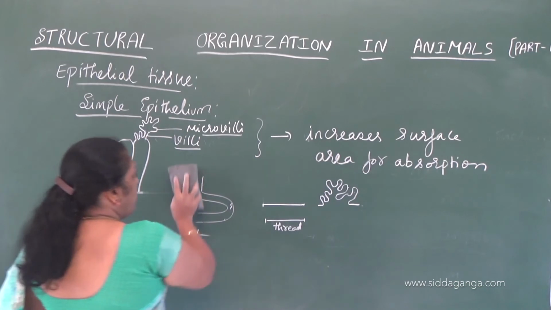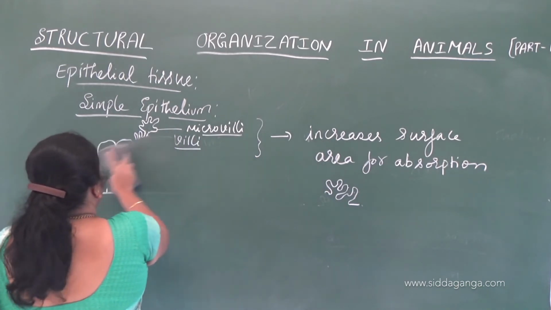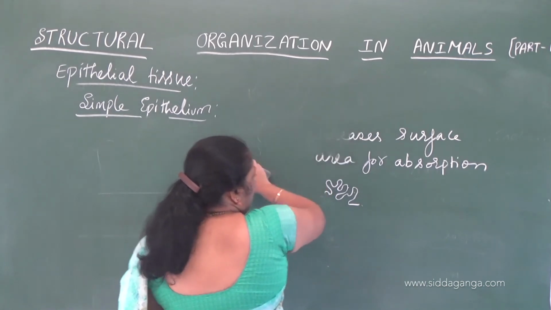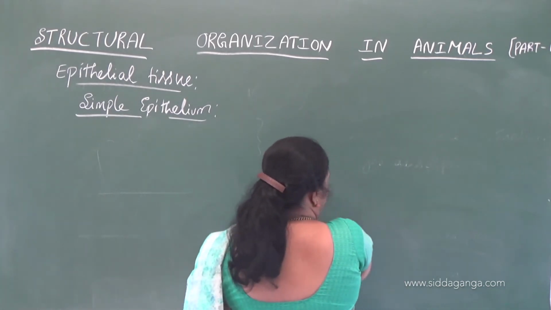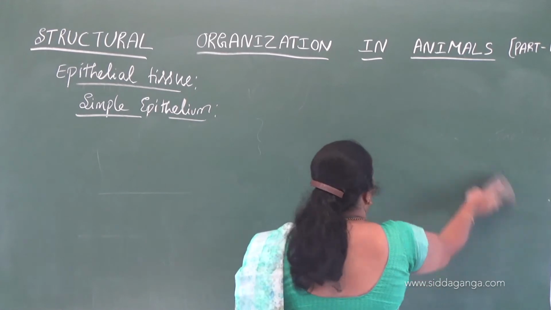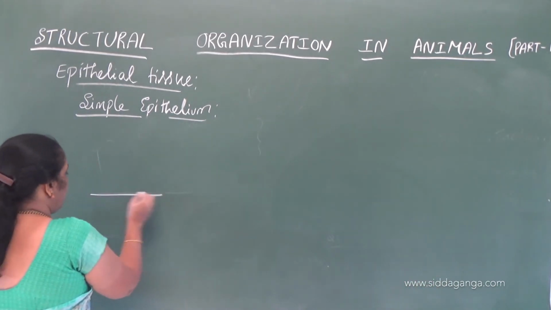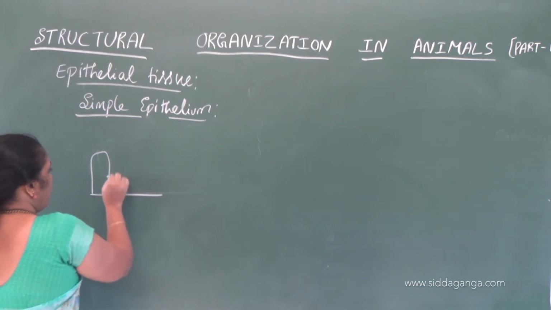Understood? And one more modification we see: hair-like structures on their free surface. So, this is a columnar epithelium.